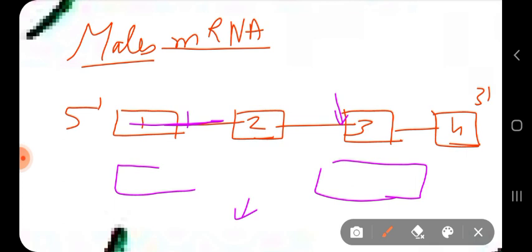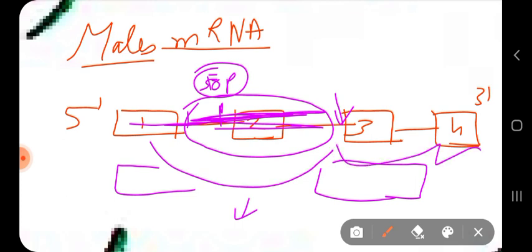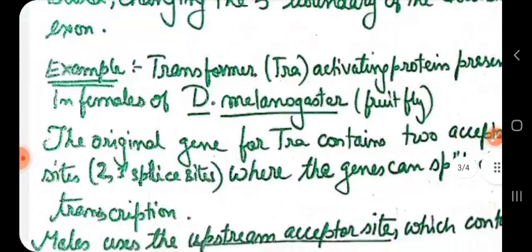So they have to skip the whole part here. So the premature stop codon is skipped out. So no stop codon will be present in between now, and thus they continue the splicing process, and from that splicing product we get a functional mRNA. So the premature stop codon is not present.